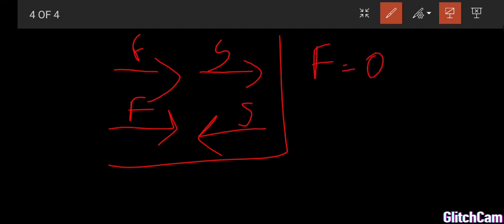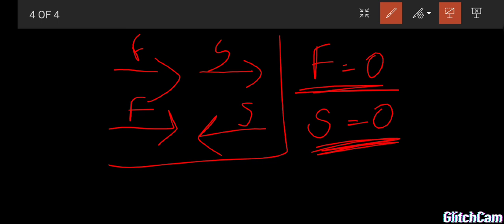First, if no force is applied, that means F is equal to 0, then W is equal to 0. Second case, if there is no displacement, S is equal to 0, which also leads to W equal to 0. And third, important, F and S are perpendicular to each other.